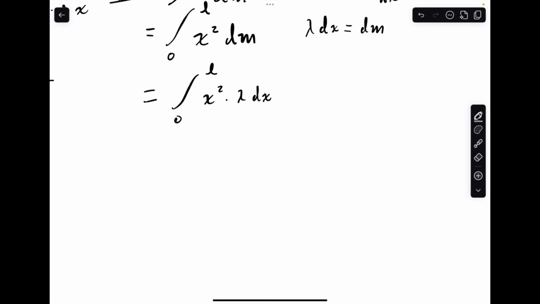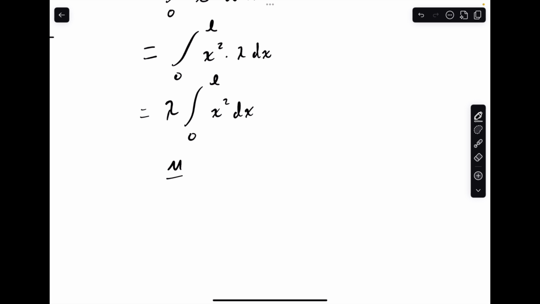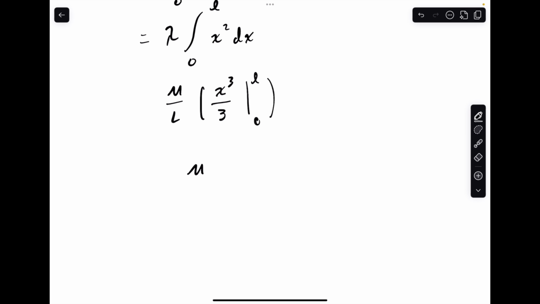Well, I'll pull out my constant, and then I'll compute the integral. So this becomes m over L, because that's what density is. This becomes x to the third over 3 from the bounds 0 to L. And now this looks a lot like something you might have seen before.